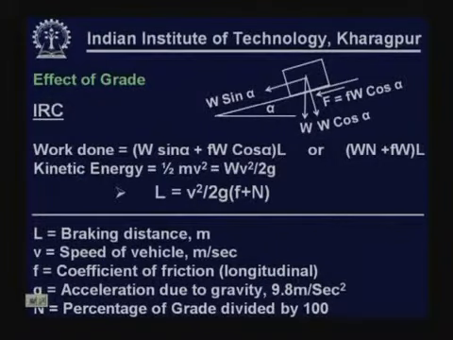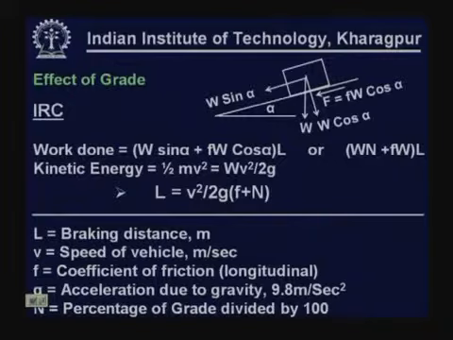Normally that slope is small. So, for small alpha, cos alpha is approximately equal to unity and sin alpha is approximately equal to tan alpha, which is nothing but taken as n here.